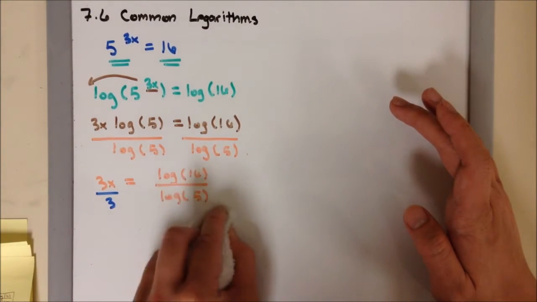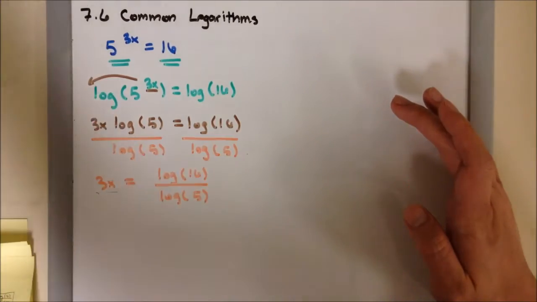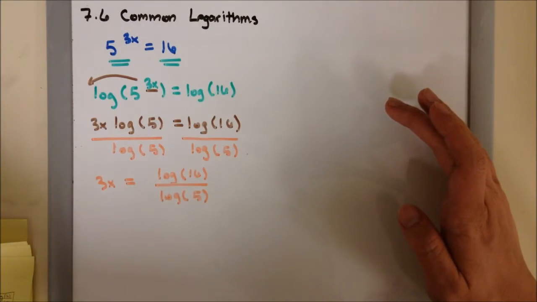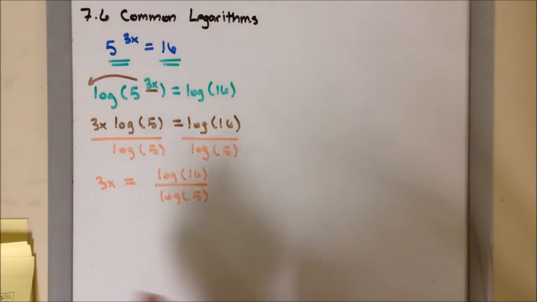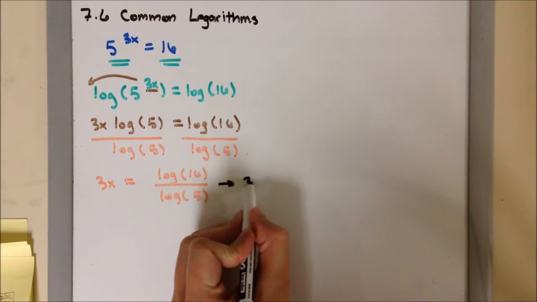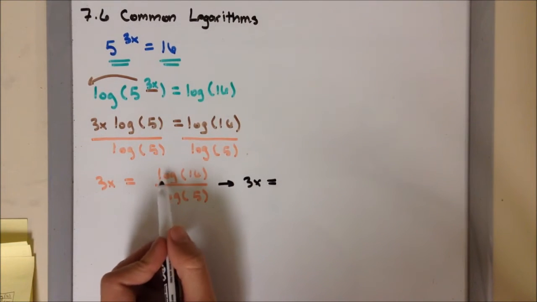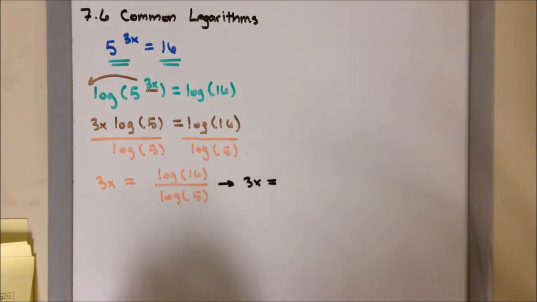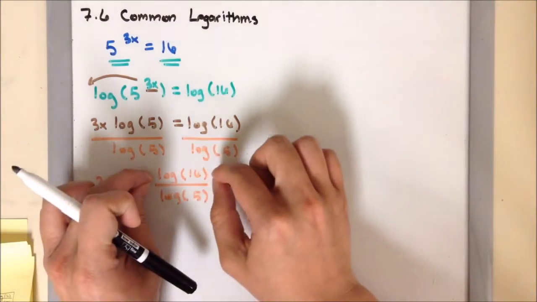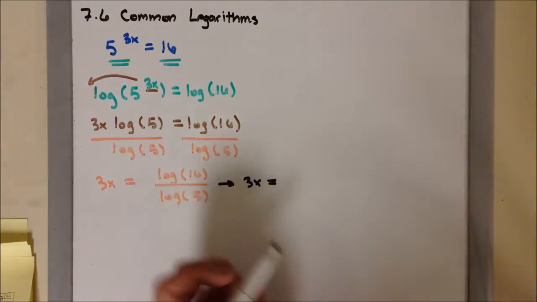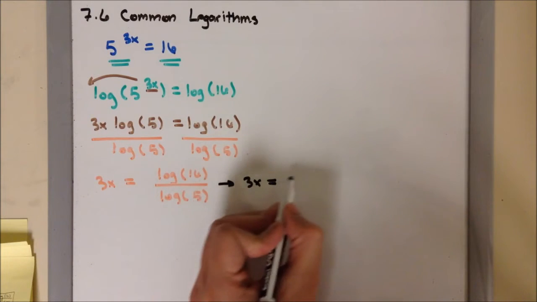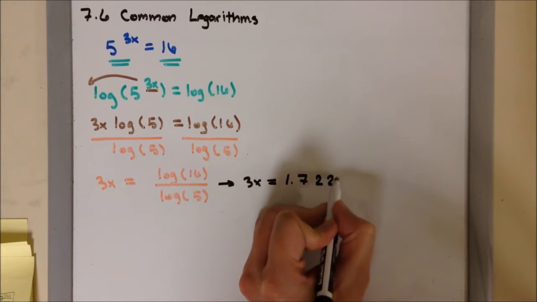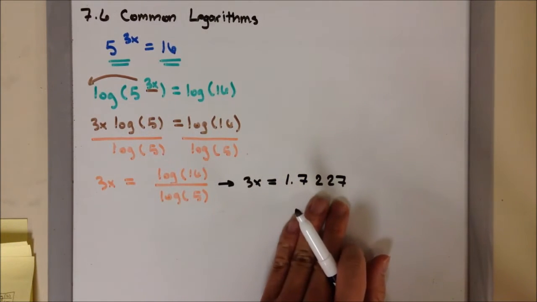Now we're talking about the portion when we're working with the calculator. When you evaluate log 16 over log 5, here you don't have to worry so much about parentheses because we're just working with a single log in the numerator and a single log in the denominator. What you're going to have is 1.7227, and I'm just going to end with 4 decimal places.